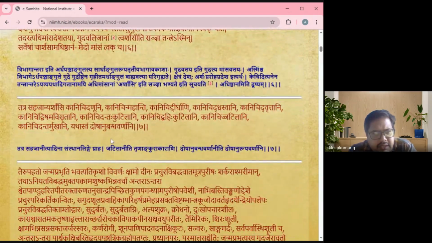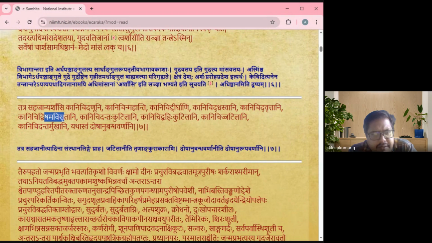Next, the presentations of Sahaja Arshas have been mentioned. Some are very minute, some are very big, cauliflower-like. Some are very long, some are very short, some are spherical, some are Vishama Visrutani, irregular in shape.